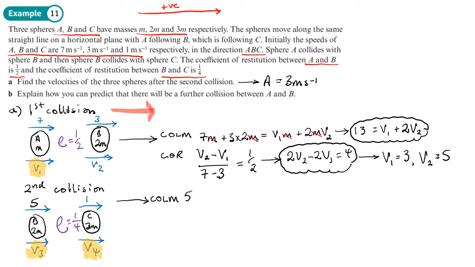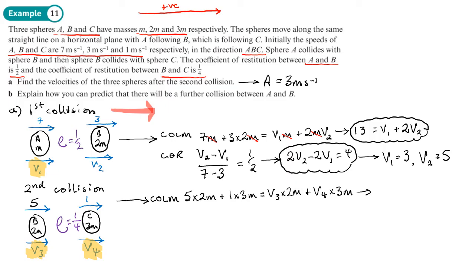So 5 times 2m plus 1 times 3m equals v3 times 2m plus v4 times 3m.